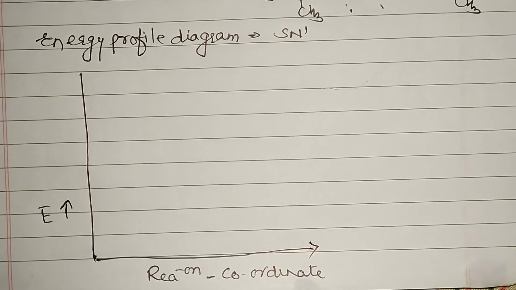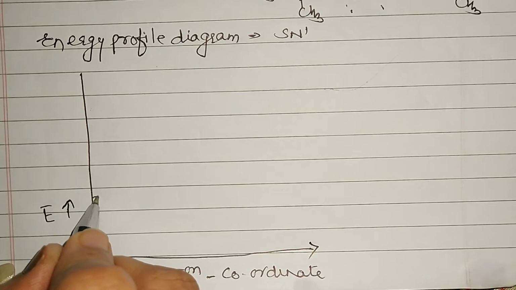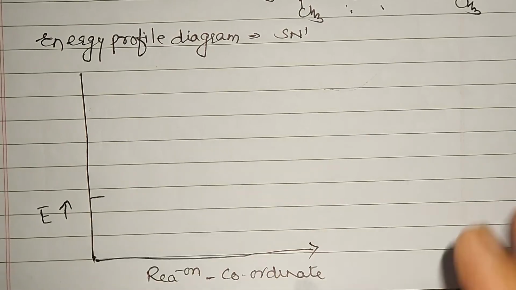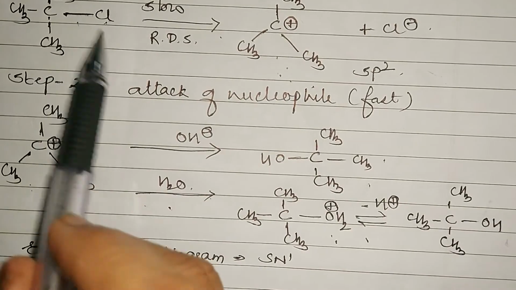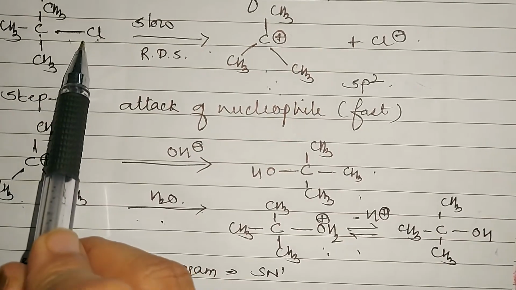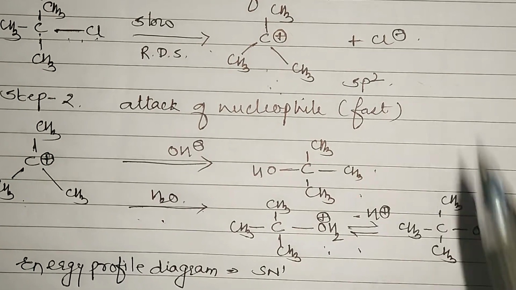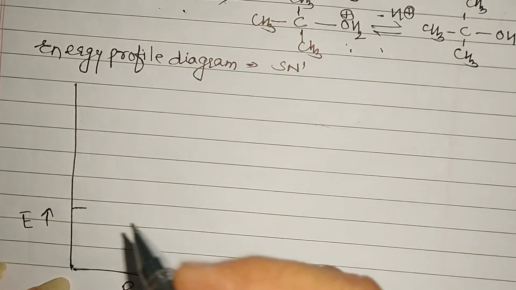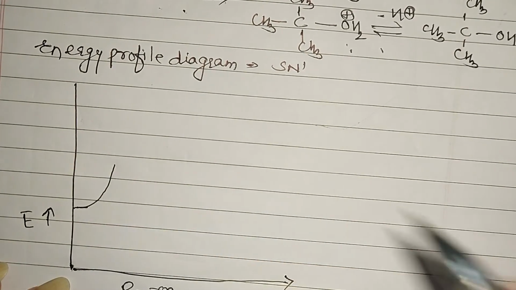When the reaction occurs, that is in the starting, here reactants are there. Firstly, when the C-Cl bond starts to break, when this bond starts to break, then the energy will start to increase.